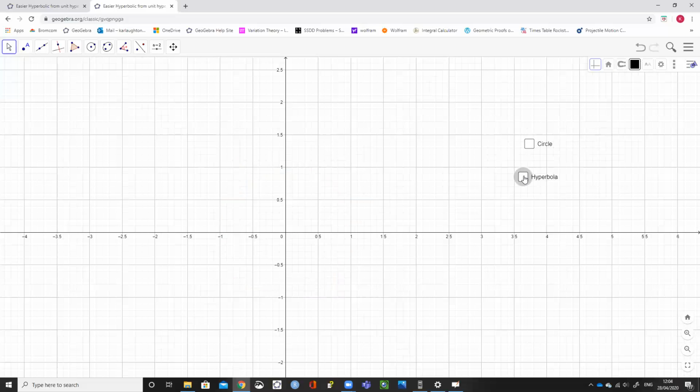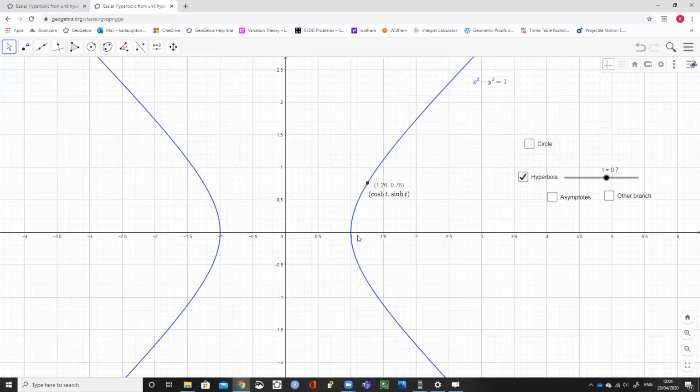Okay. Likewise, we're going to describe anywhere on the hyperbola by hyperbolic cosine t, hyperbolic sine t, cosh t, sinh t. Okay, so I can change the value of t, and it describes where we are on the hyperbola.